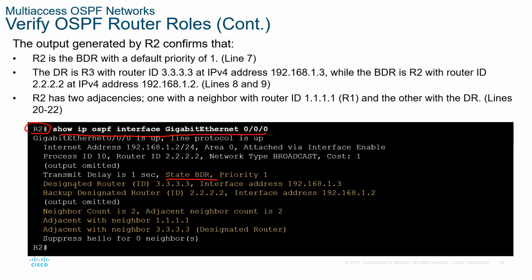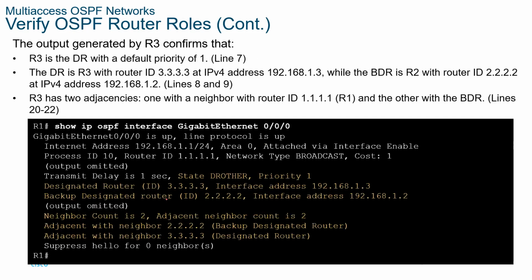It tells me that the DR is router 3 with this ID, and router 2, which is itself, is with this one. It tells me it has neighbor adjacencies with router 1 and router 3. And for router 3, it specifies that it is the designated router.